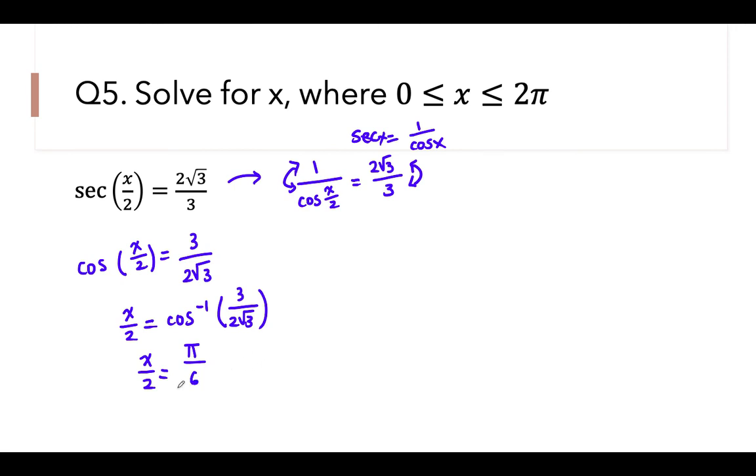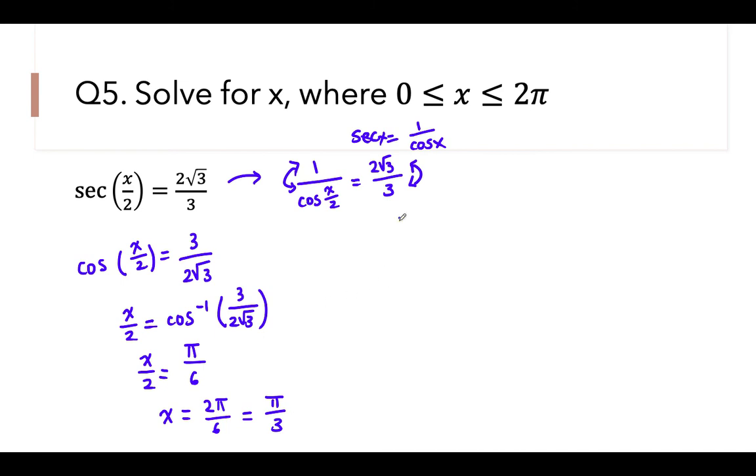Now it's simple. We're going to isolate for x by bringing 2 to the other side. x is equal to 2 pi over 6, which is pi over 3.